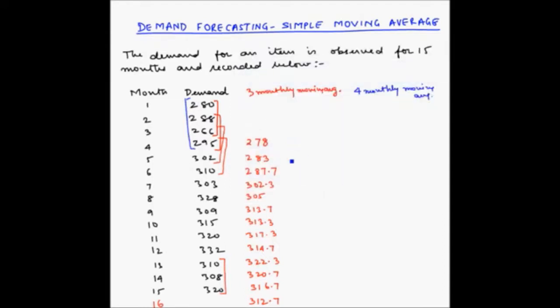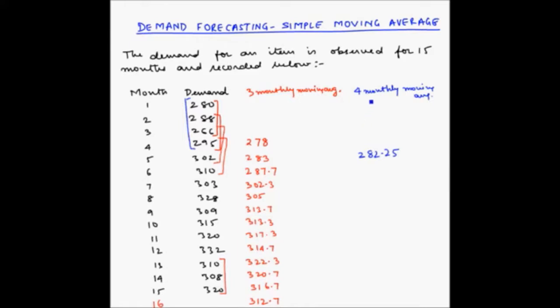So for the 5th month, the forecast we found is 282.25. Now we started from the 5th month because that is the first month for which we have the demand for the last 4 months.